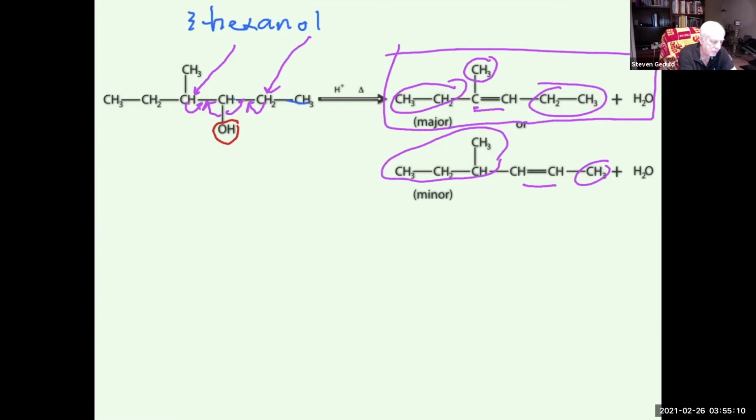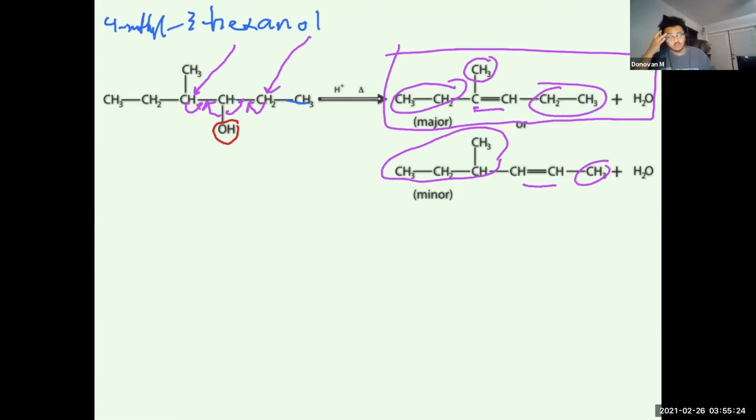And we have a methyl group at number 4. So 4-methyl-3-hexanol. Is it a primary, secondary, or tertiary alcohol? What would it be? Secondary. Secondary alcohol.